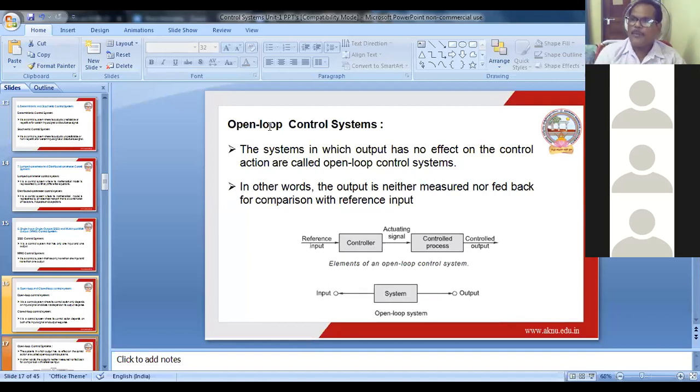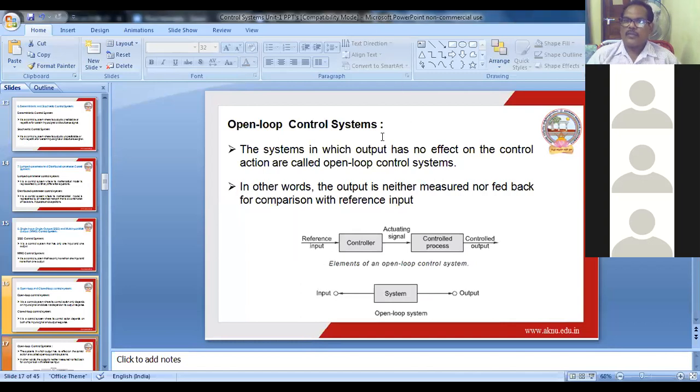And here there is no comparison. The output we get is never compared with the reference input. That means the output has no effect on the control system or control signal or control action. Here we have a block diagram. This is the controller, and here we give the reference signal or reference input.